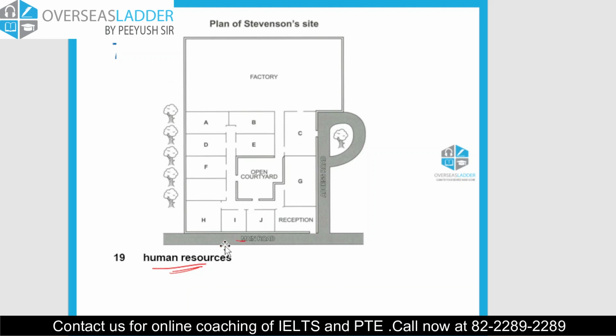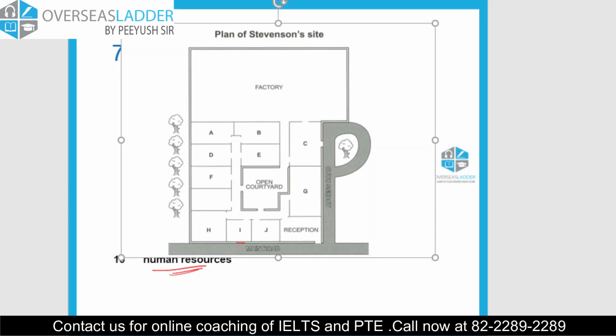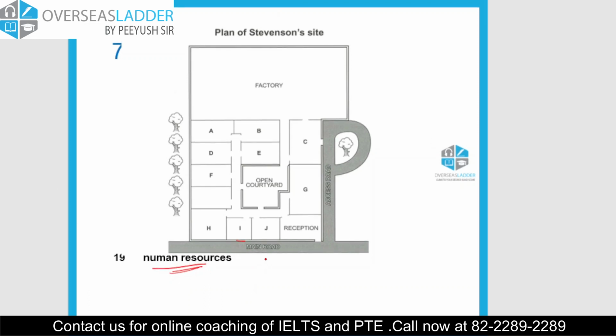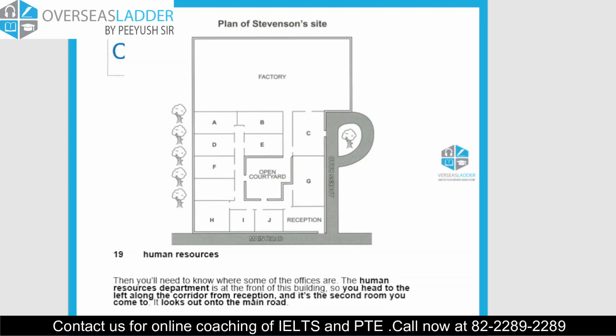Okay, so now it is talking about this: you go from the reception, and this is the second building. Just for your clarification, the human resource department is at the front of this building. So you head to the left along the corridor from reception.